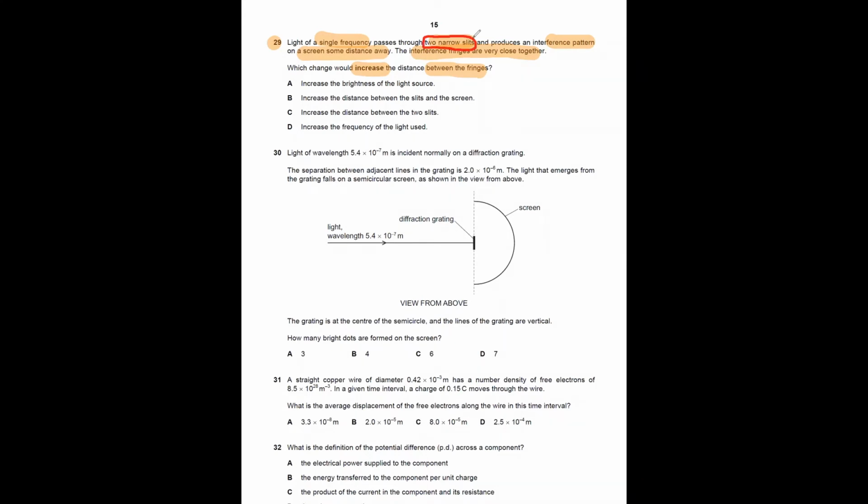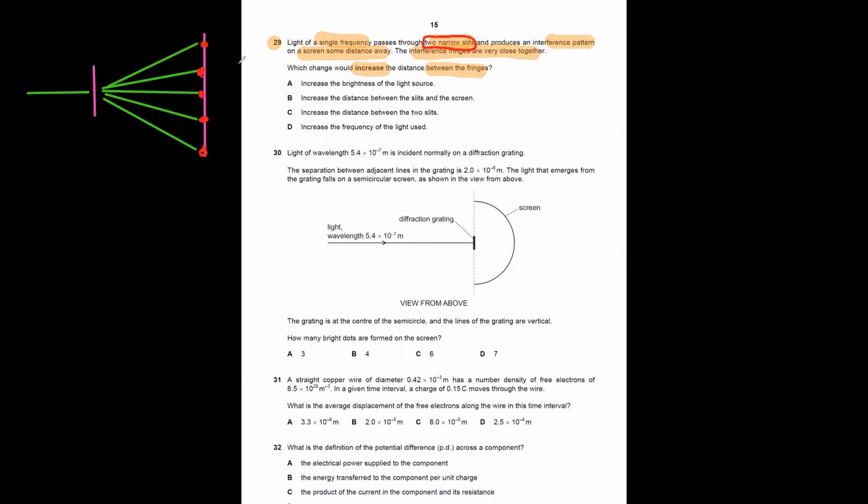So imagine right now that we shine a beam of light onto a double slit, and behind the double slit, there is a screen. So once the light passes through our double slit, it will split apart into a few different beams of light, like this. So that when it hits the screen behind, it will form what you call bright fringes, like this.